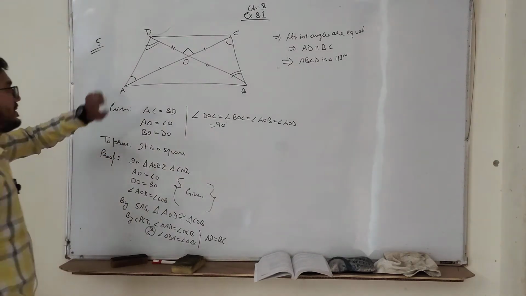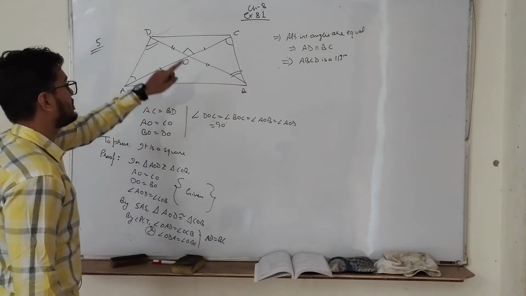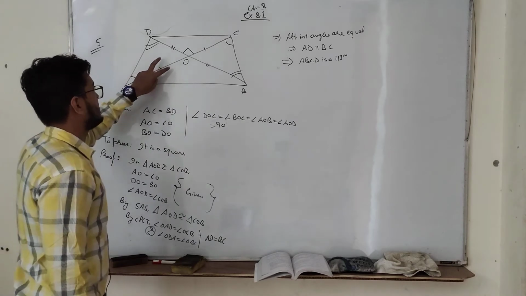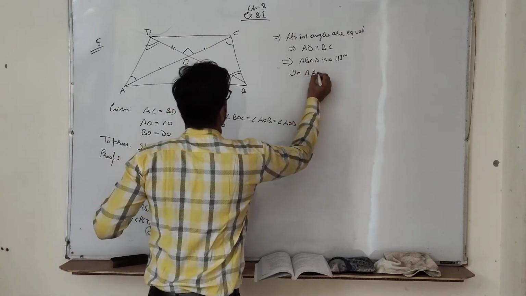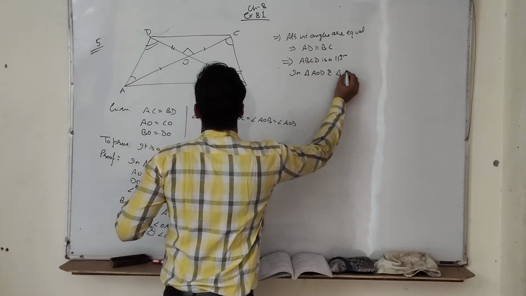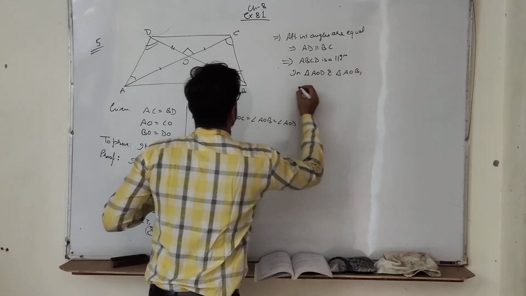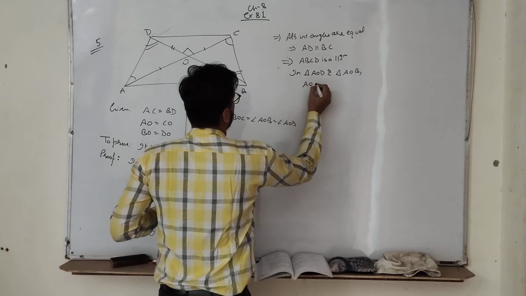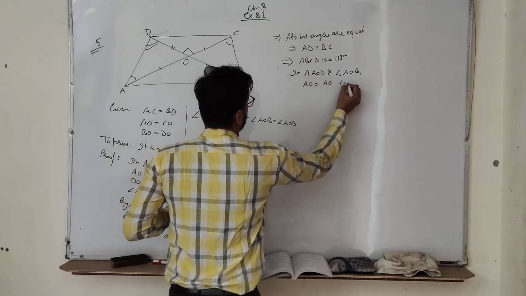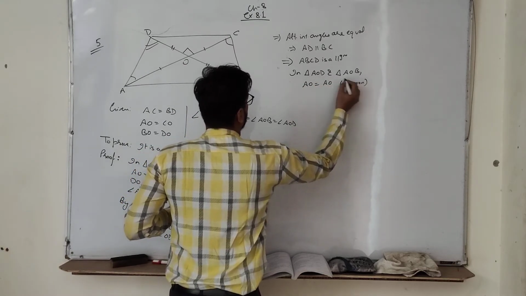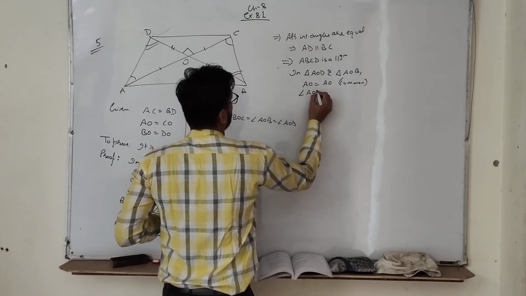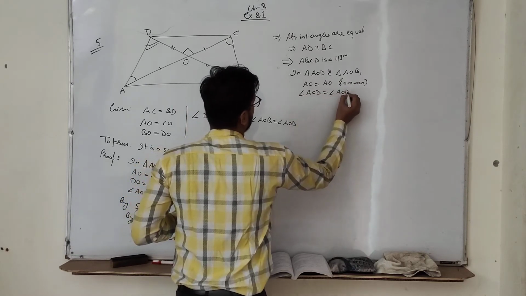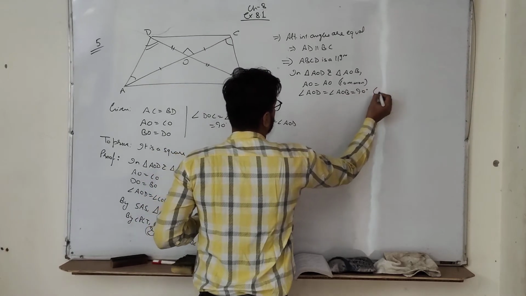Now we made it a parallelogram. Now we have to make all four sides equal, right? So let's take these two triangles, triangle AOD and triangle AOB. AO is equal to AO, common. Also angle AOD is equal to angle AOB, 90 degree, which is given.